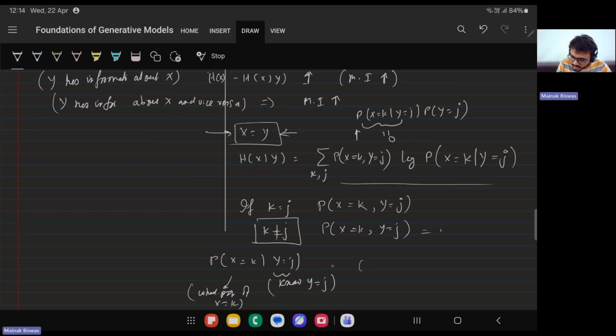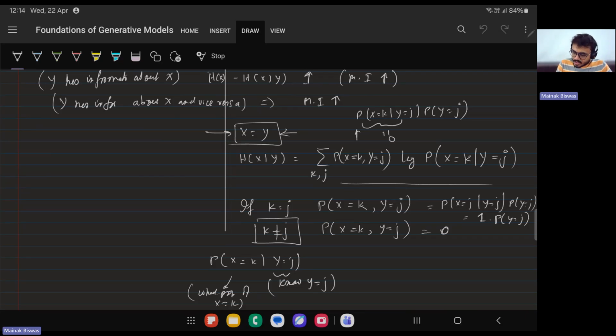So here, this term is 0. If they're equal, then I have P of X equal to J, Y equal to J, given Y equal to J, which is equal to 1 into P of Y equal to J, isn't it?